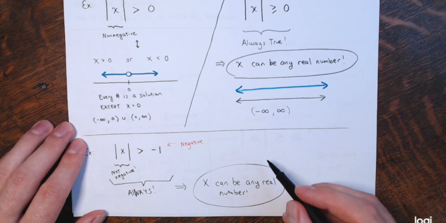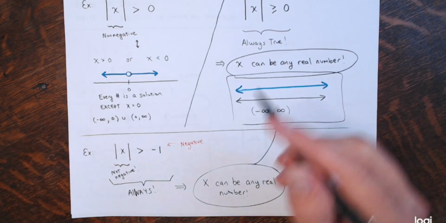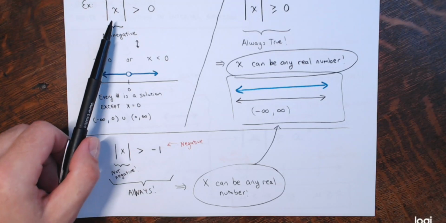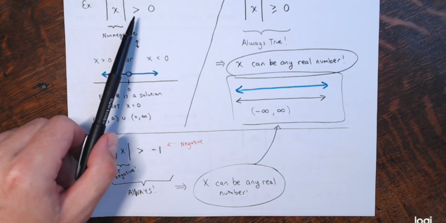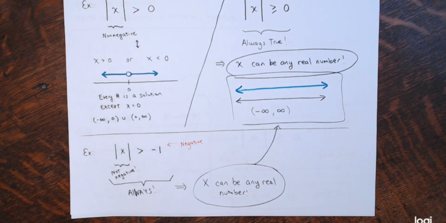And then the graph and interval notation would be these here, the same as the previous example when the absolute value was greater than or equal to 0. So the only one that's even kind of tricky here is when you have the absolute value of something just greater than 0. If that's the case, every number will be a solution except for 1. You may or may not come across that scenario in whatever exercises you're working on.